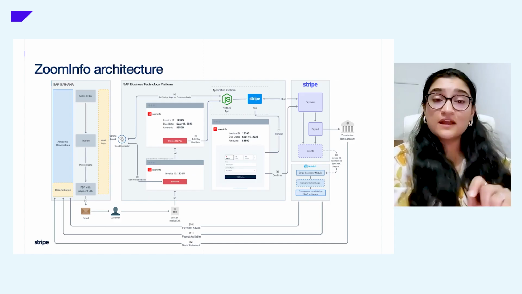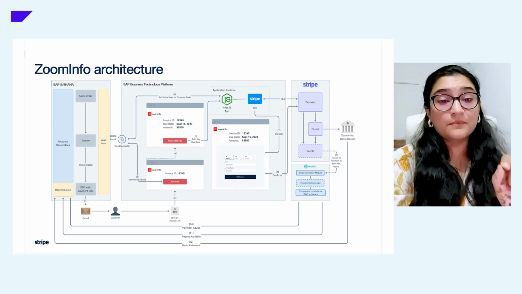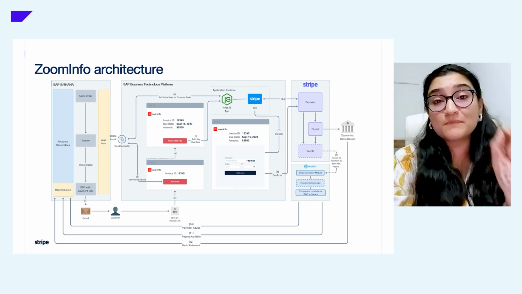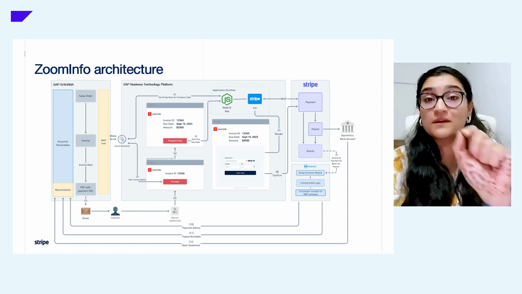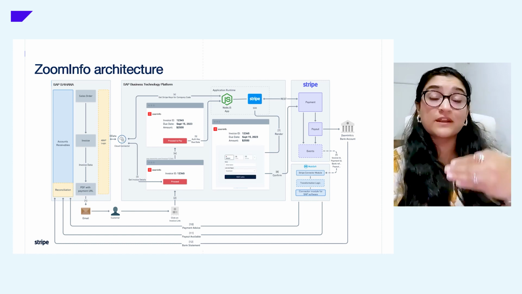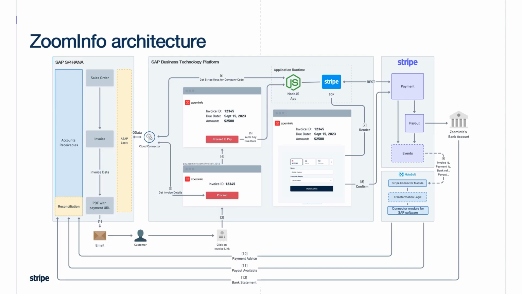The link is going to let the customer click and show the specific invoice ID or customer number against which they are going to start the payment. They're going to click on proceed, and that's going to call an OData service on the S/4HANA system, looking up the open balance at that point in time. How much the customer is supposed to pay, what is the due amount.